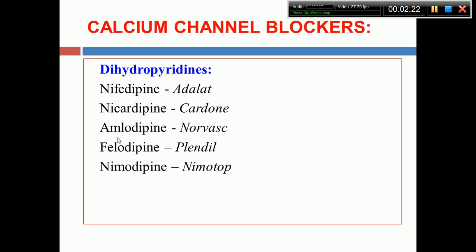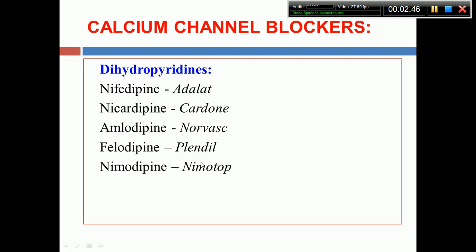Then we have another class of drugs used to treat angina pectoris, that is calcium channel blockers. Among the calcium channel blockers, the dihydropyridines include nifedipine, nicardipine, amlodipine, felodipine, and nimodipine.